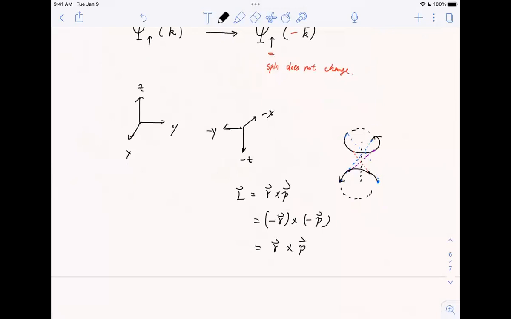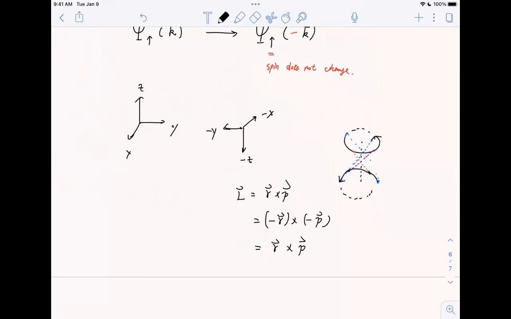But for spin, you cannot write it as R cross P. I mean, spin is a kind of angular momentum. If you really want to prove it for spin, then you have to use the rotation operator on the spin. It will involve more algebra, but the result is the same.